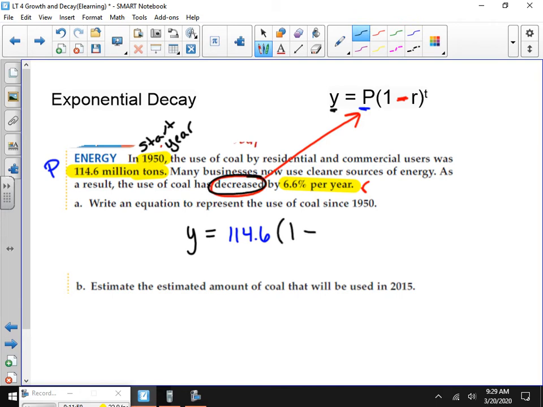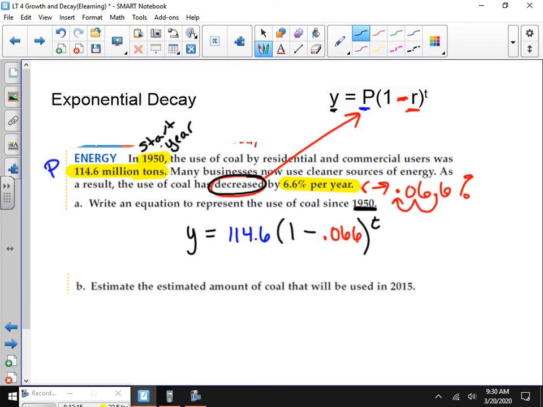Because it has a percent symbol, we still need to move this decimal 2 places to the left. So now I have 0.066. Close the parentheses. And again, I don't have an end year. This is just my start year, so I have to leave T there. I don't know how much time has passed. So that is the equation that represents it's the start of my problem. It's my setup.